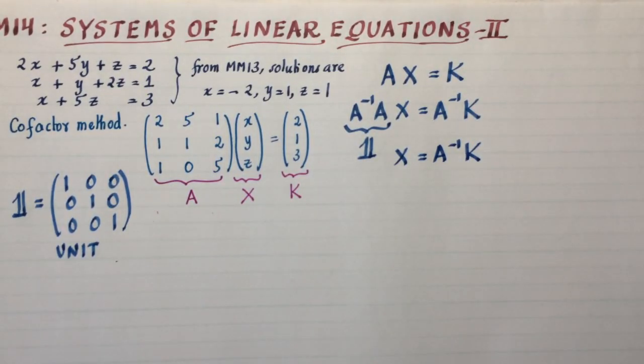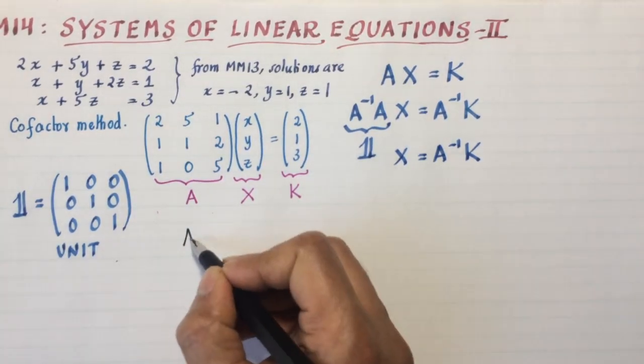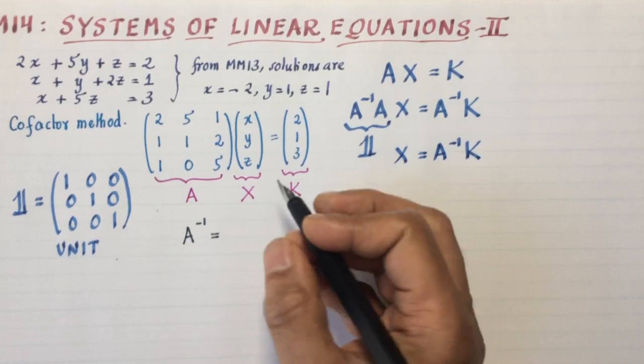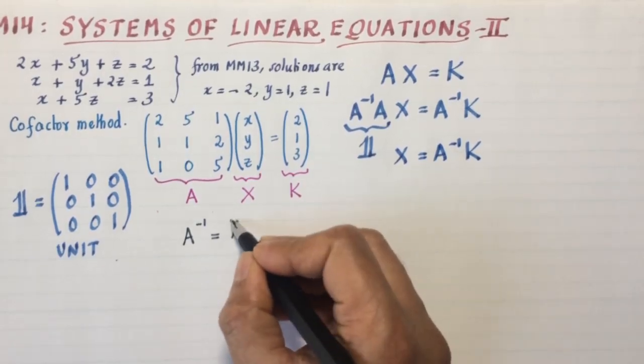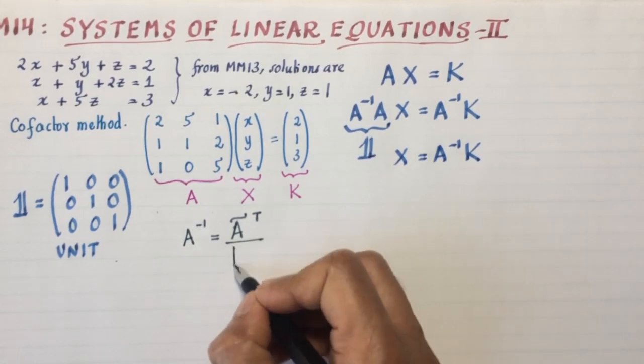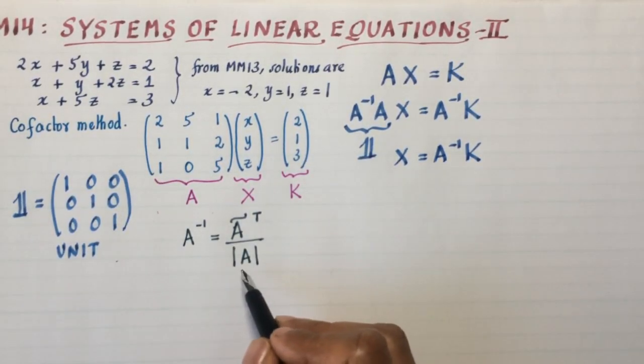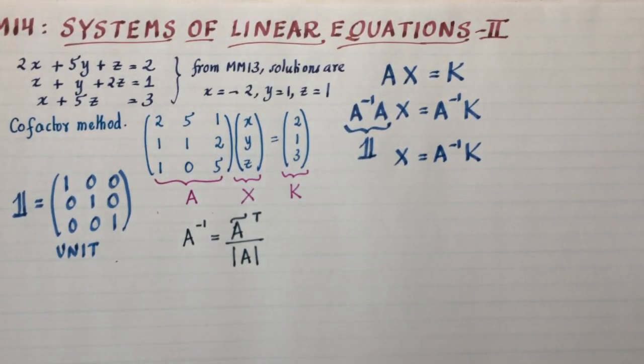Now the big question is, what is A inverse? How will I find A inverse? So the formal definition of A inverse is the following. It is the transpose of the cofactor matrix divided by the determinant of A, and this is why it's important for the determinant to not be 0. Now what is the transpose?